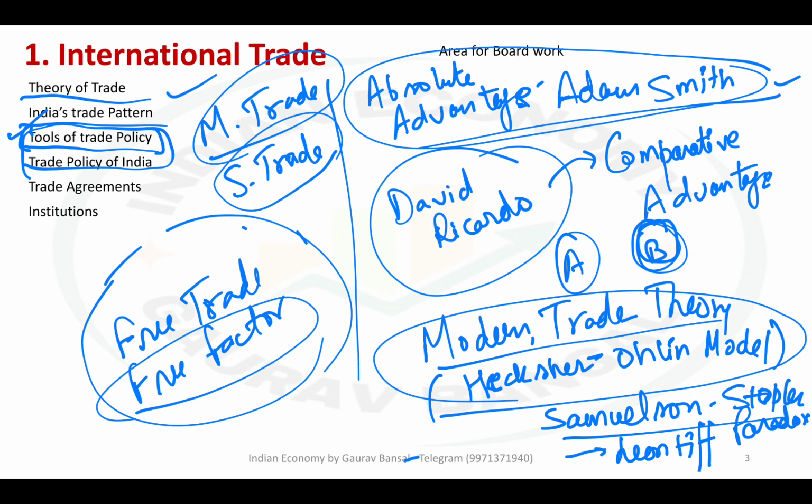Trade agreements, then India has a lot of trade agreements: FTA, CECA, CEPA. You should be aware of which agreement is there with which country and what are the features of the different agreements. So for example, PTA is the most basic agreement where we accept that okay, we will trade some goods, a few products at a discounted rate. Then we move to the next category.